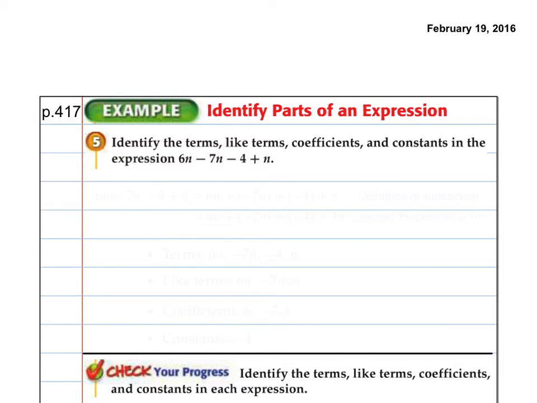So we're going to identify parts of an expression. We're going to identify the terms, like terms, coefficients, and constants in the expression. In here, and you can rewrite it if you need to, so 6n minus 7n minus 4 plus n, which is really like a 1n.